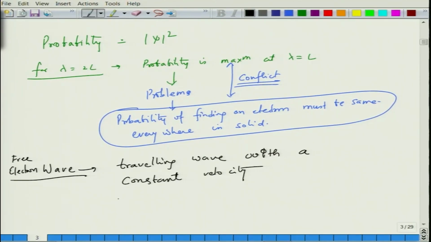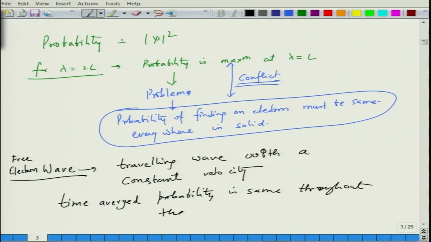Which means that the time averaged probability is the same throughout the length of the box or material, you can say.